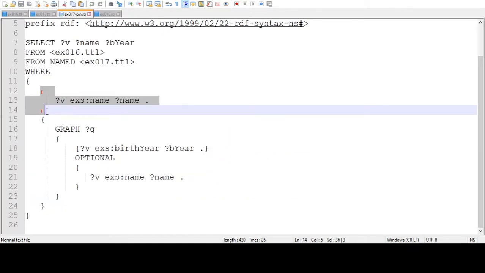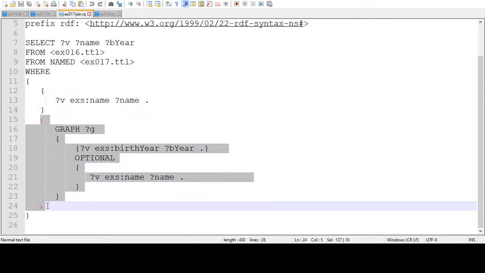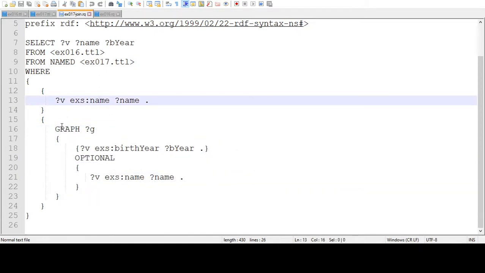So this is a group graph pattern where we are just extracting the names of different entities, right? Now this is again another group graph pattern, and inside that we have a graph pattern. So why we have done that? Let us look at what we have inside, then we'll talk about why we are doing the graph.